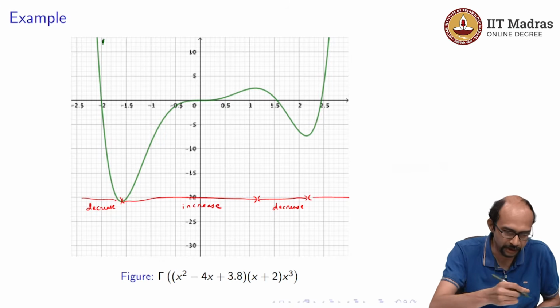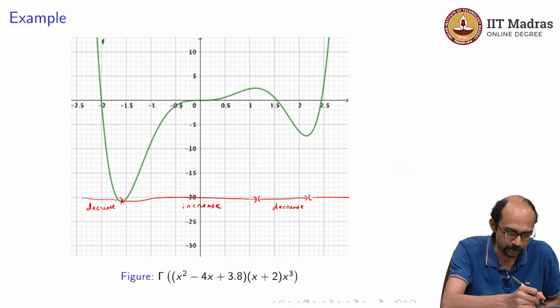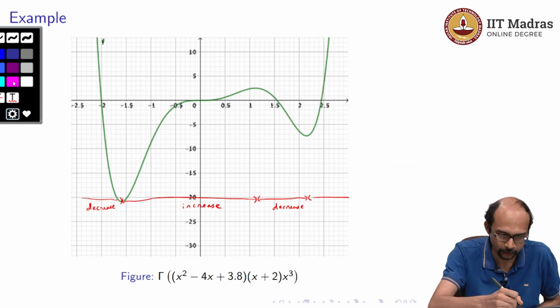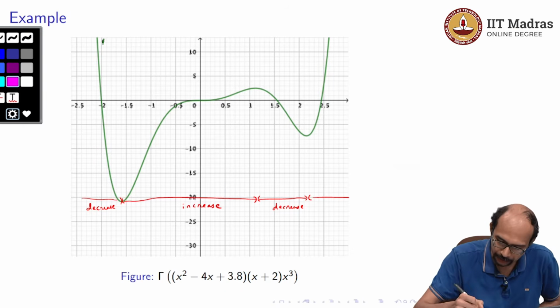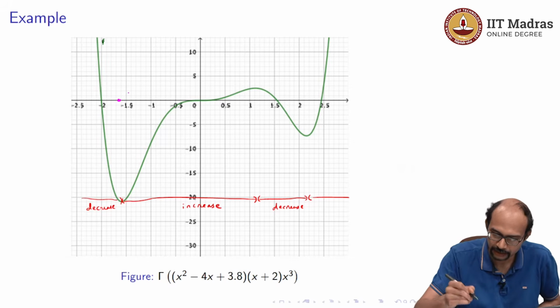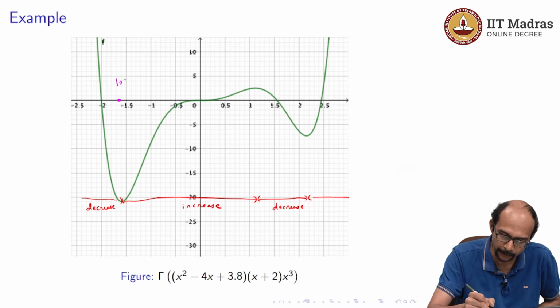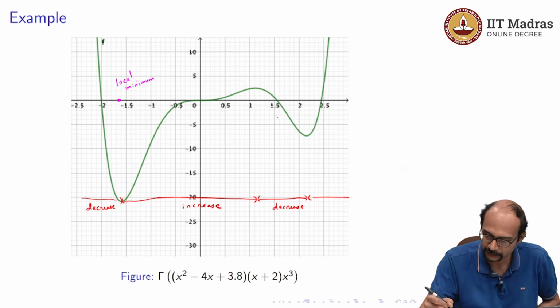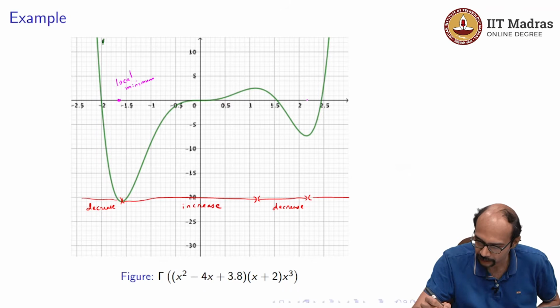So, in terms of what we have studied, what are these points? This point here is a local minimum for the function, and this point here is another local minimum.